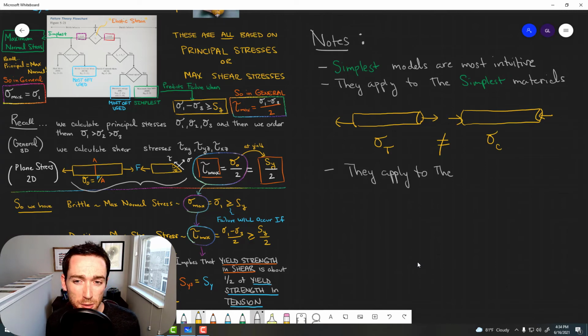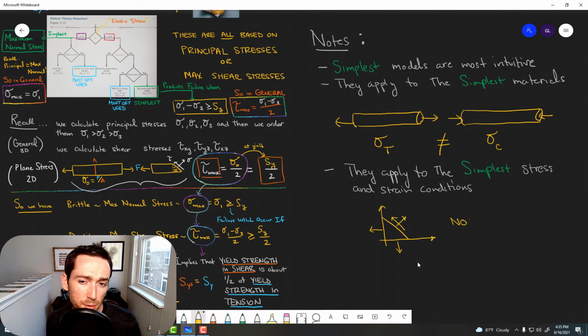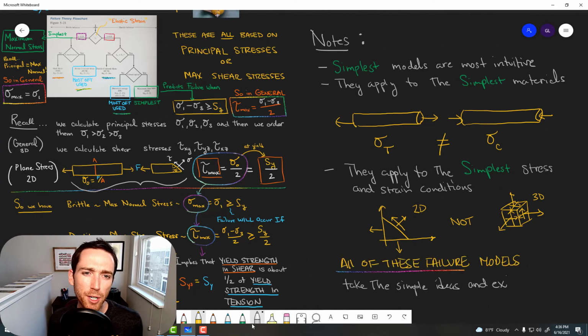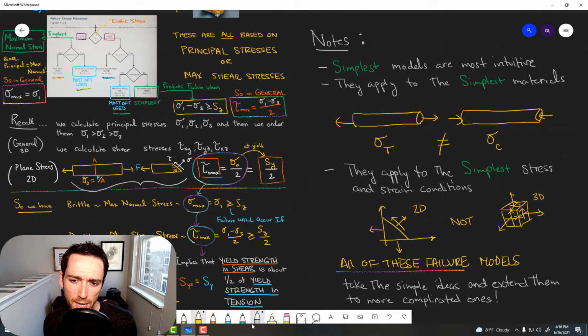And they also don't necessarily apply to stress and strain conditions that require a three-dimensional analysis. So if we need to do things with special materials or really complicated loading conditions, that's where we're going to fall into those most oft used modeling categories.